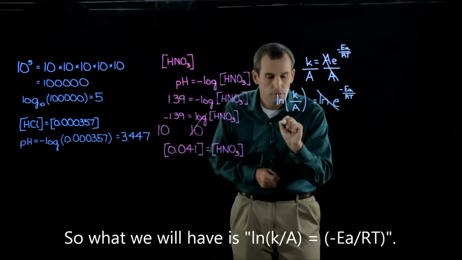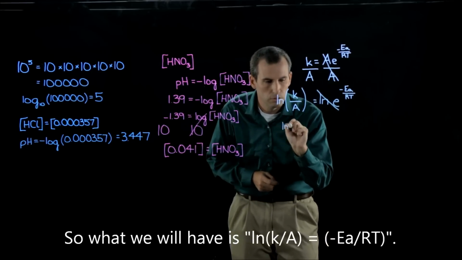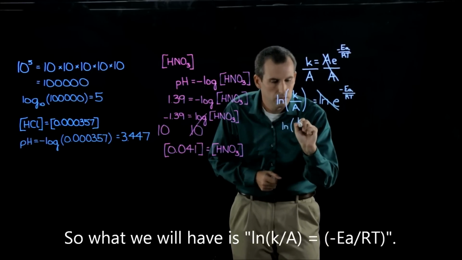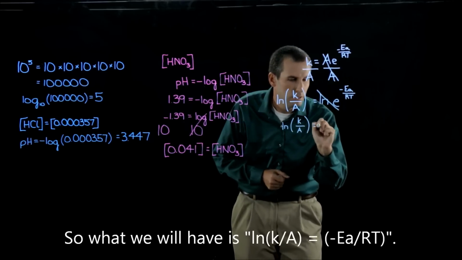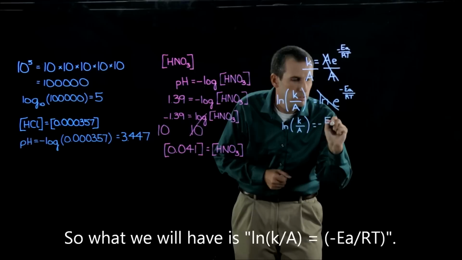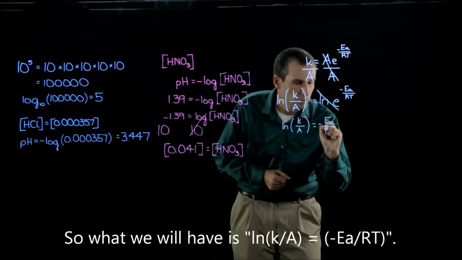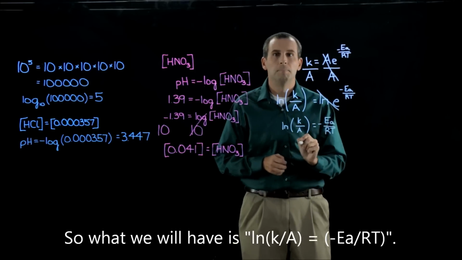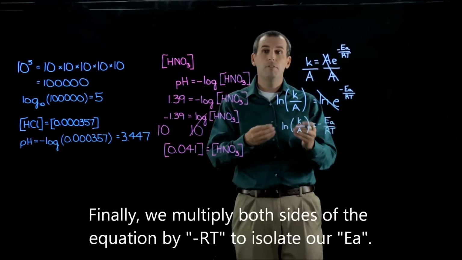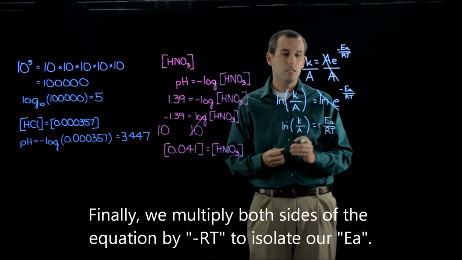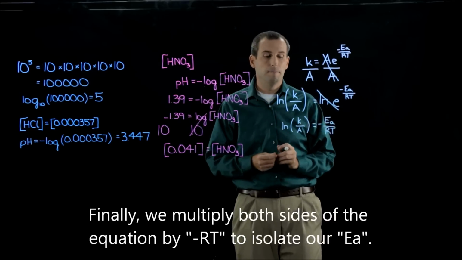So what we will have is the natural log of k over A being equal to negative Ea over RT.